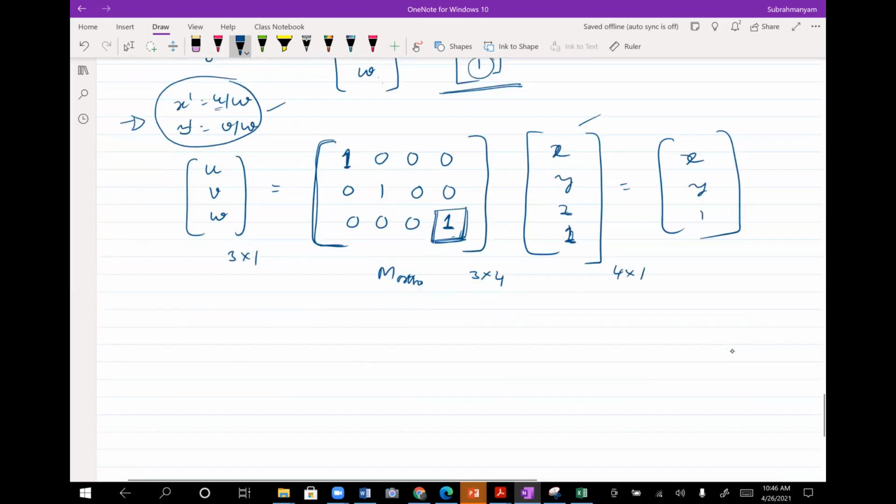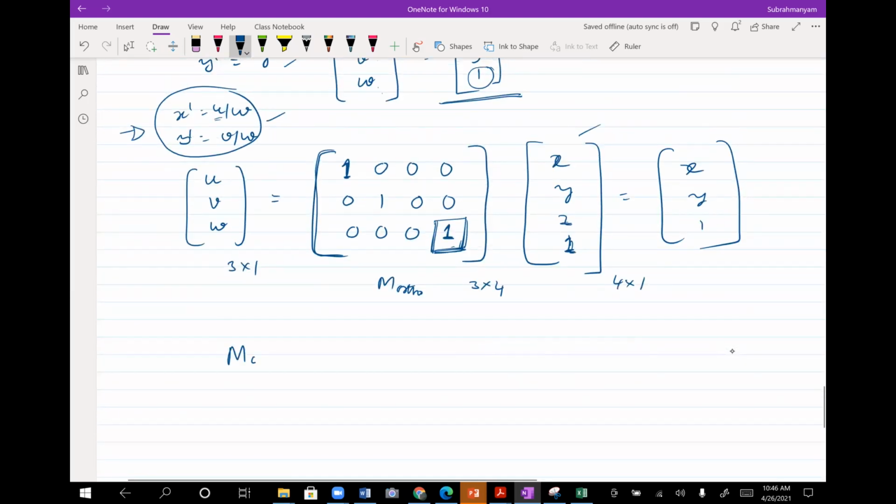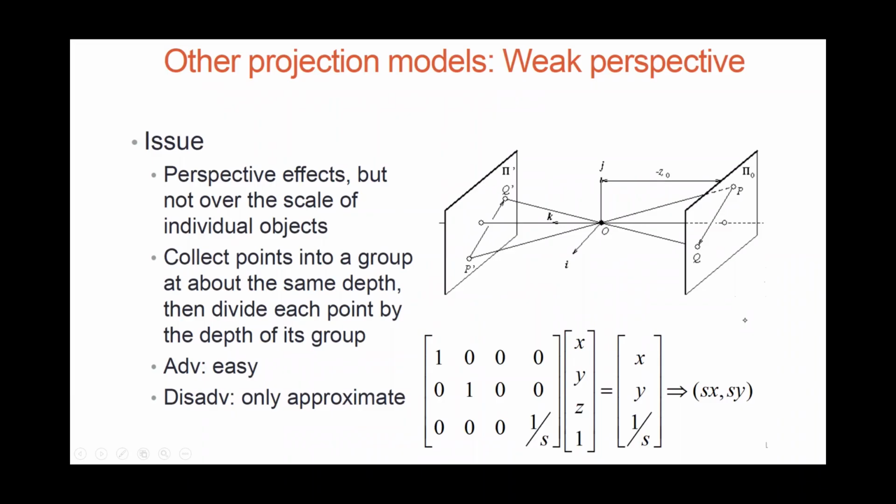So that is the reason why earlier we have introduced that additional column, so that with the same 3 by 4 matrix, I will be able to represent an orthographic projection. Okay, is that clear?